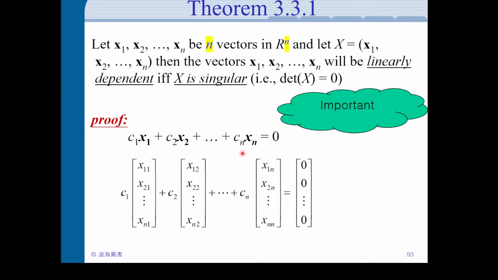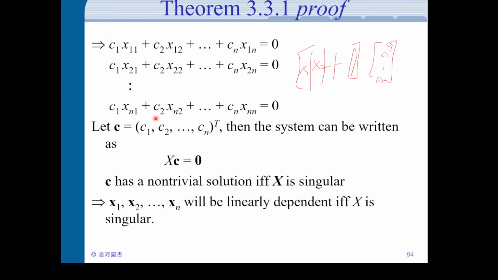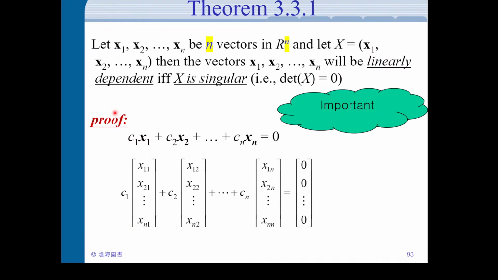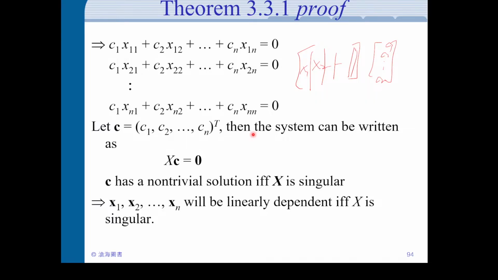As we always say, we can write this as a linear system of equations for C. The first column of this matrix is just x1, the second column is just x2, and the nth column is just xn. So we can define this X matrix where every column of X is just our vectors.